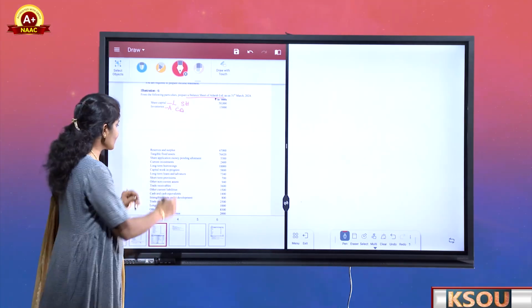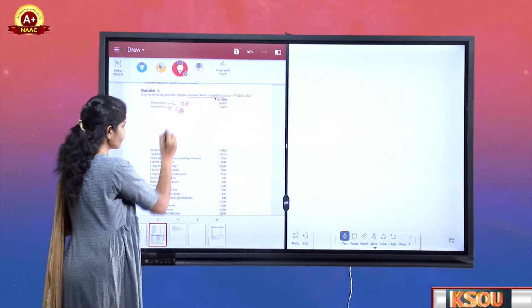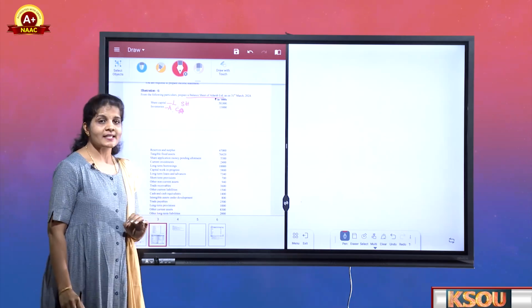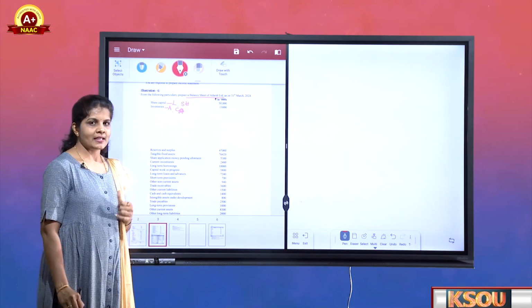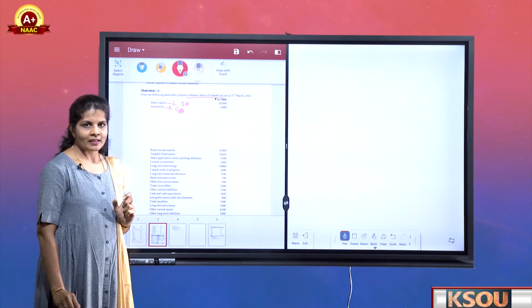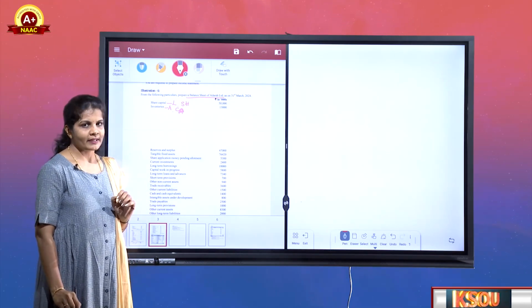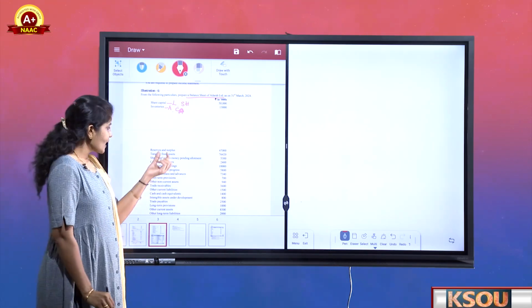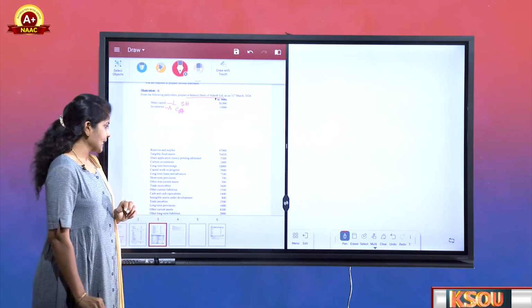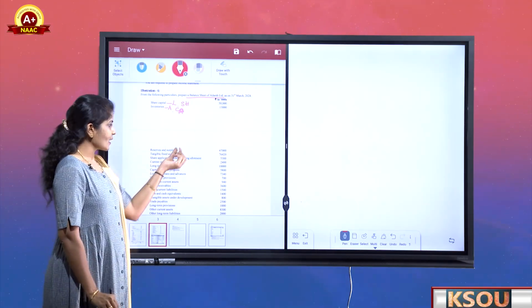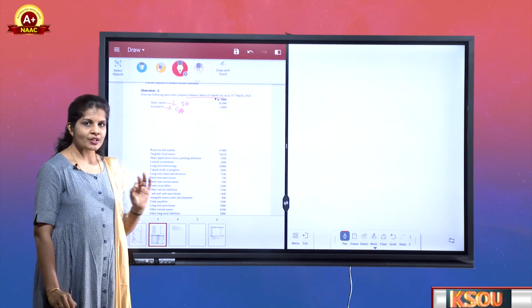Okay. Next is reserves and surplus, 47,000. So what do you mean by reserves and surplus? In the previous class itself we have discussed, reserve is nothing but part of the profit kept aside by the company for meeting future needs. Surplus means excess of profit earned during the current year. So reserves and surplus always belong to the shareholders.